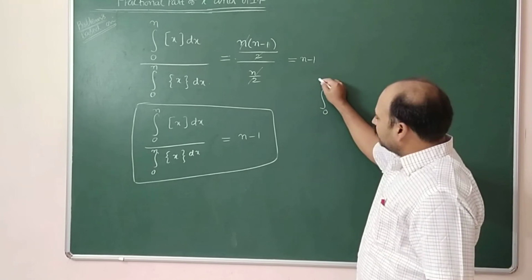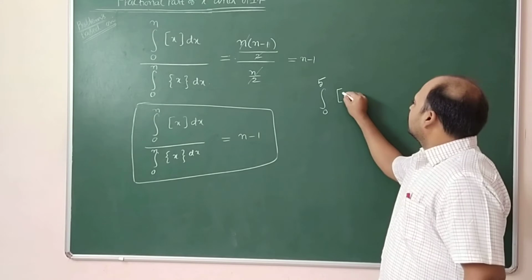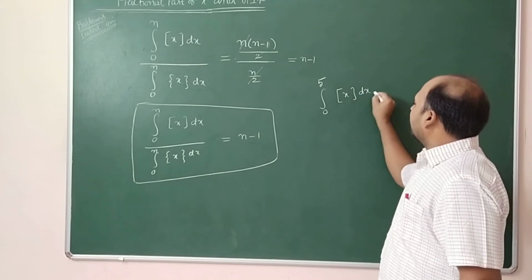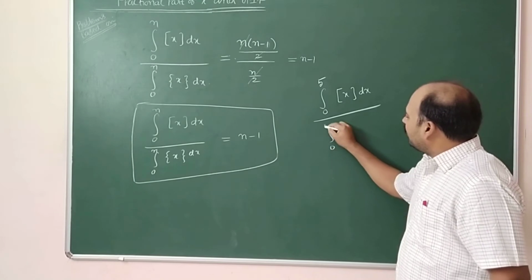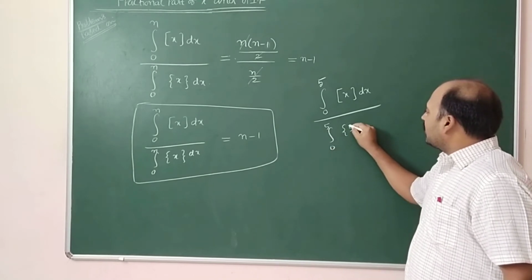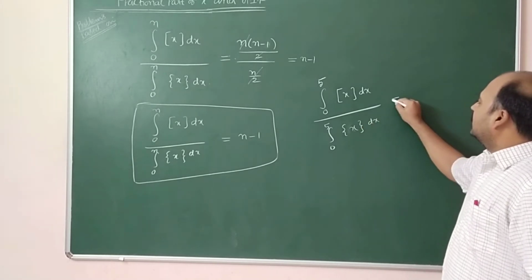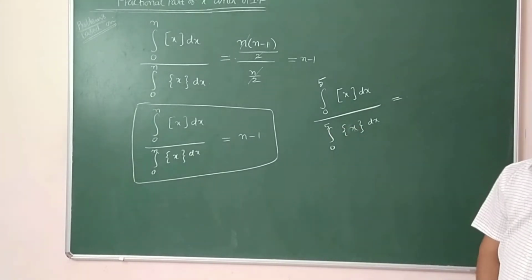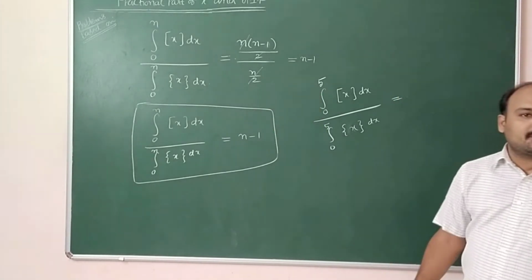Integral 0 to 5 step x dx divided by integral 0 to 5 fractional part of x dx. This is the way they will ask the question. So first you have to observe whether the limits are the same or not.